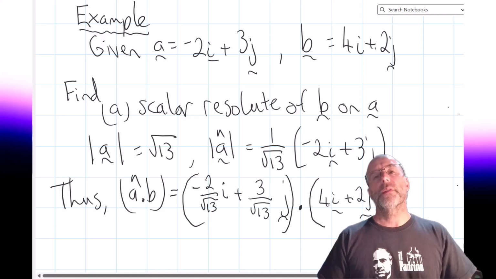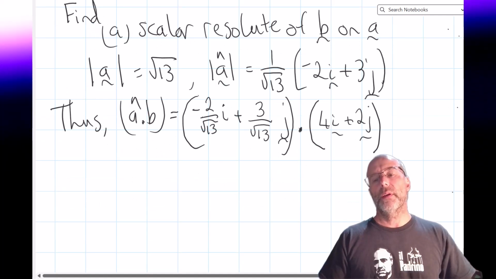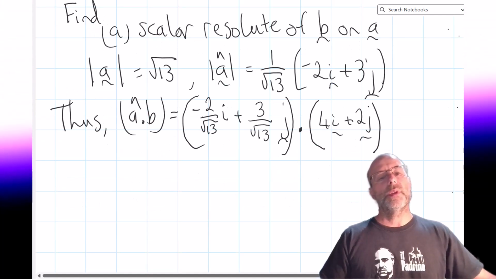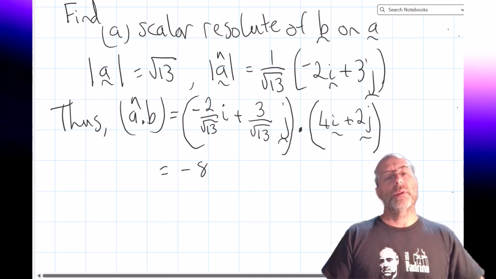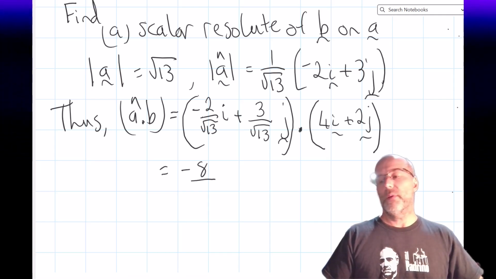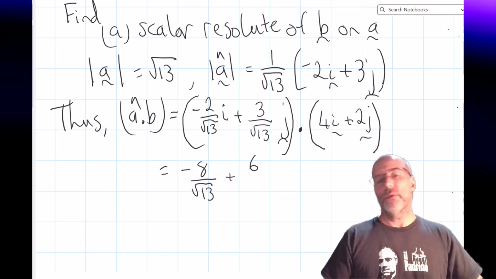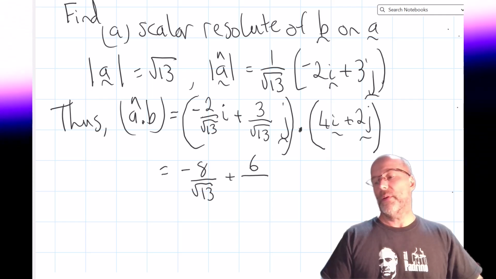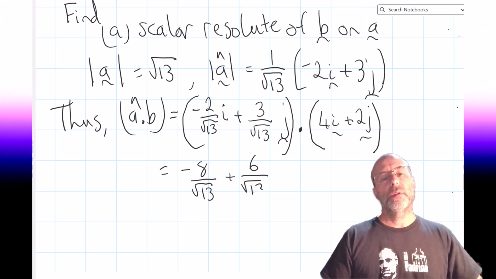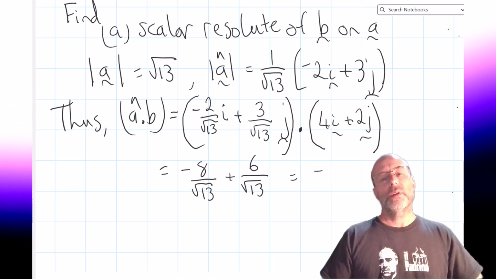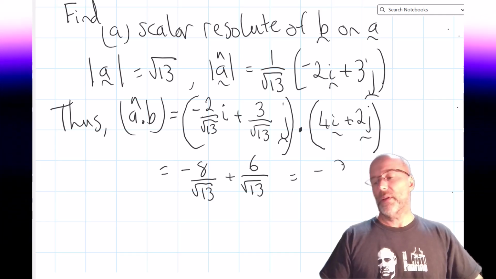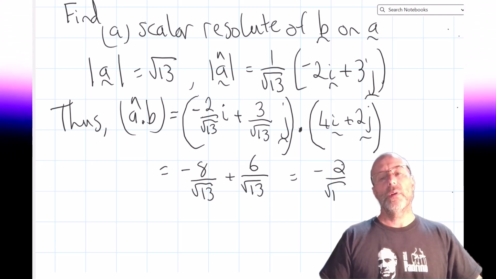Okay, so we've got everything written down there, and let's compute that. We've got negative 8 over root 13, and we've got 6 over root 13, so that comes out as negative 2 over root 13.